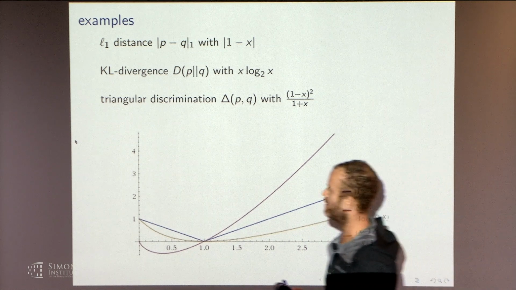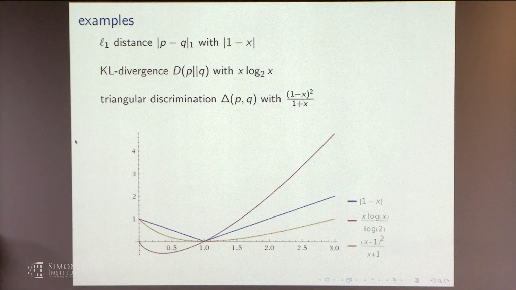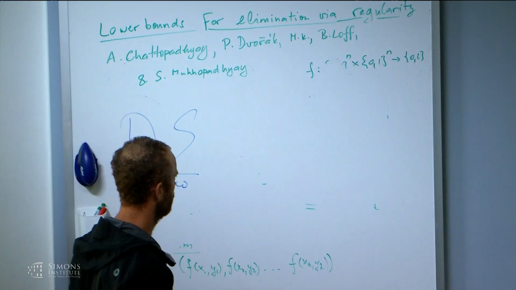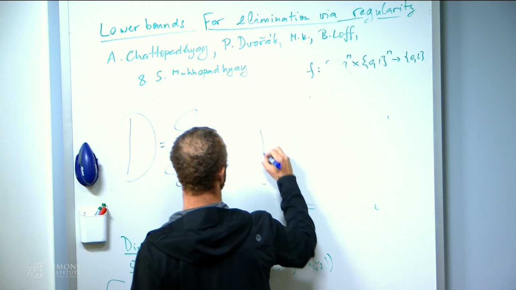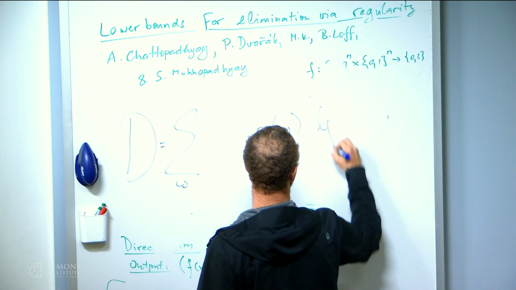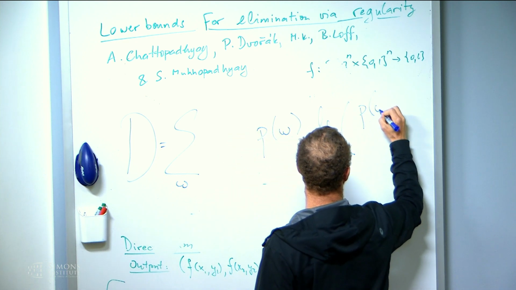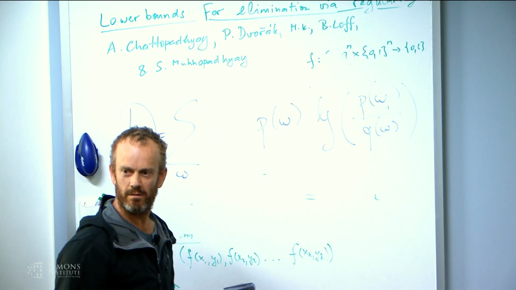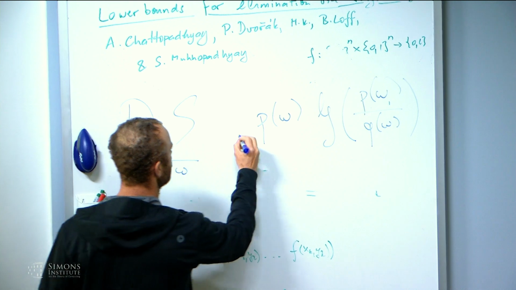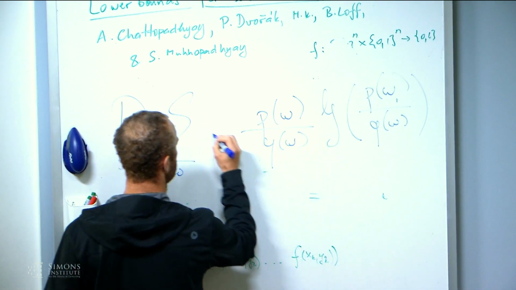We typically write the KL divergence as a sum of P of omega log, but the way it is written here is like this.